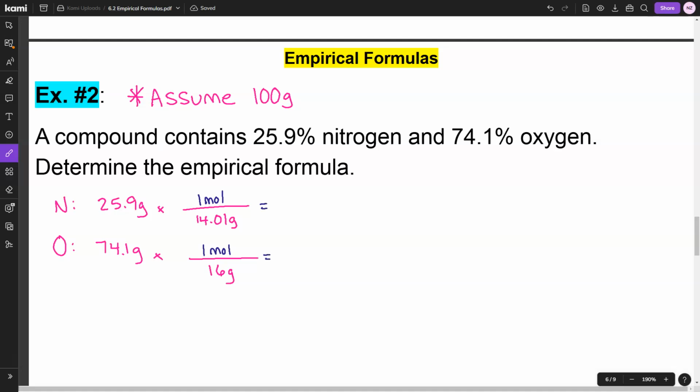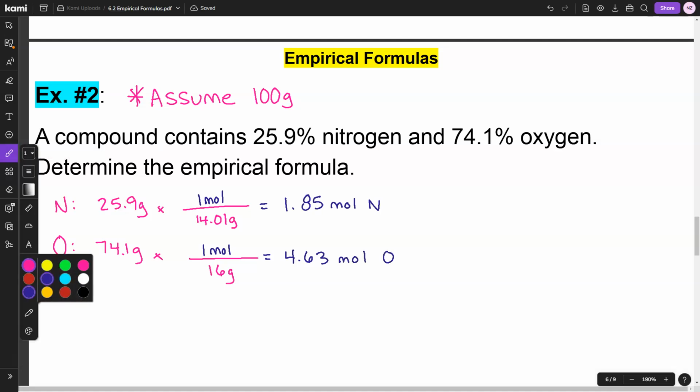Okay, so we get 1.85 moles of nitrogen. I get 4.63 moles of oxygen. So just like the previous problem, we're going to divide by the smallest number here, which is 1.85.